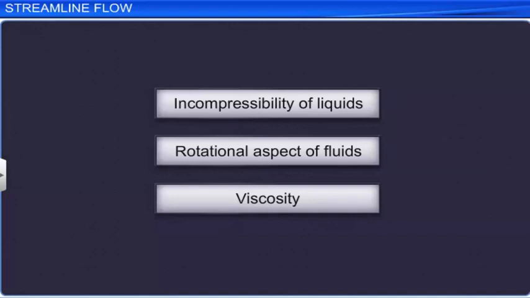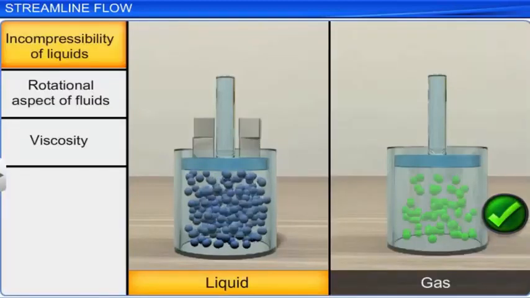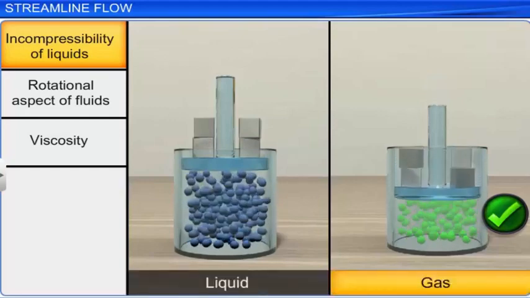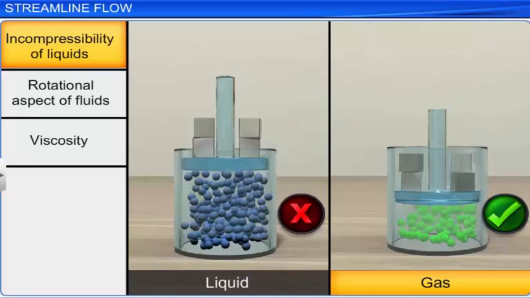Fluid dynamics can be better understood taking into consideration the following three factors studied along with the concept of tube flow. They are incompressibility of liquids, rotational aspect of fluids, and viscosity. Liquids are largely considered incompressible when compared to gases, as they don't change volume in response to pressure as gases do.